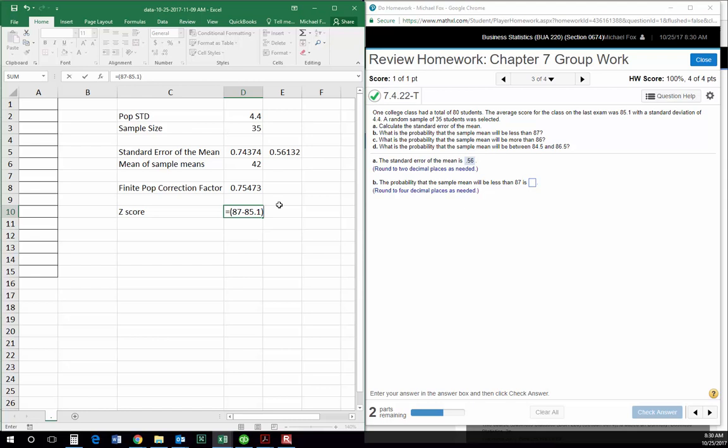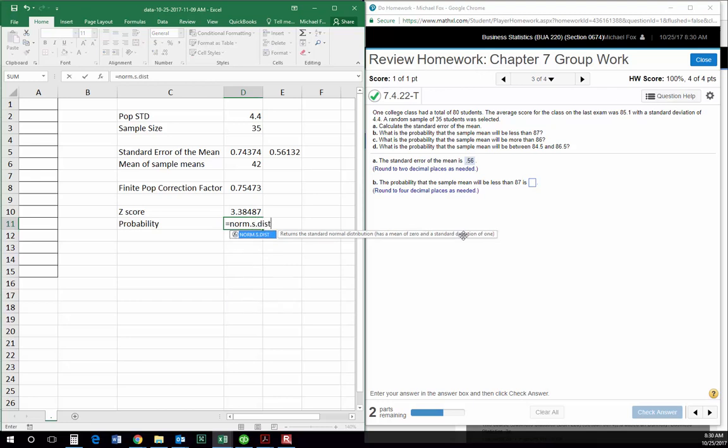And then that's going to be divided by the standard error of the mean, which we have right here. That's going to give us a z-score. See, that's a pretty big z-score. And then, to find the probability, all we have to do is use the function we already know, which is NORM.S.DIST.